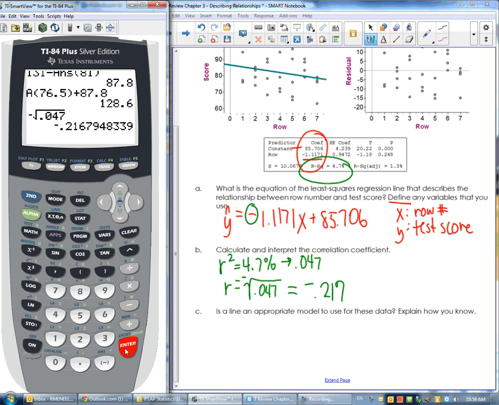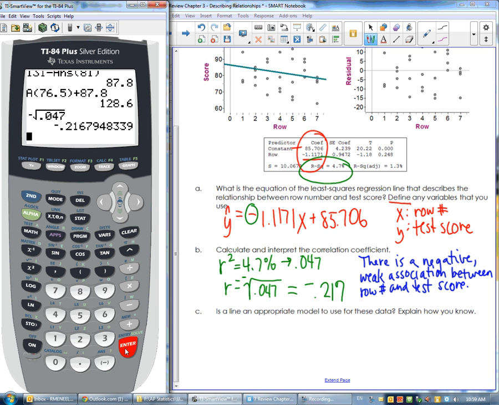So obviously it's negative. So there is a negative, and since this value is very close to 0, I'm going to say weak association between row number and test score.